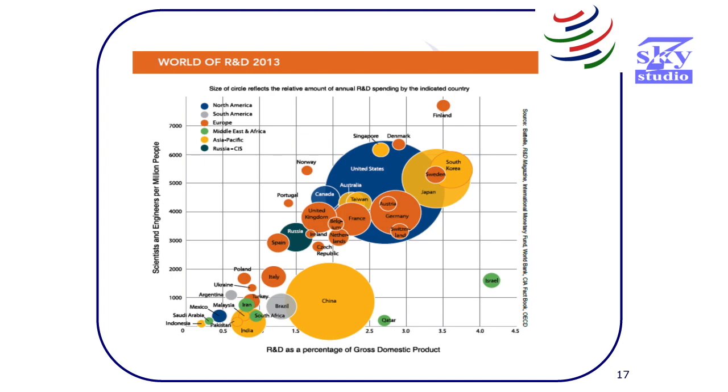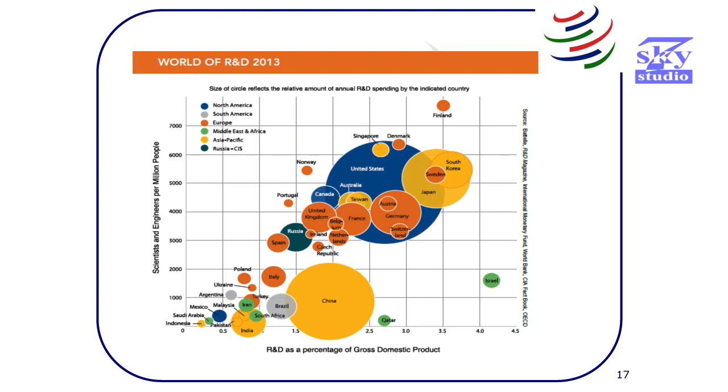Here you have a slide that shows the relative amount of annual research and development spending by the indicated country. So you have the number of scientists and engineers per million people in the country here, and research and development as a percentage of gross domestic product, of GDP here.